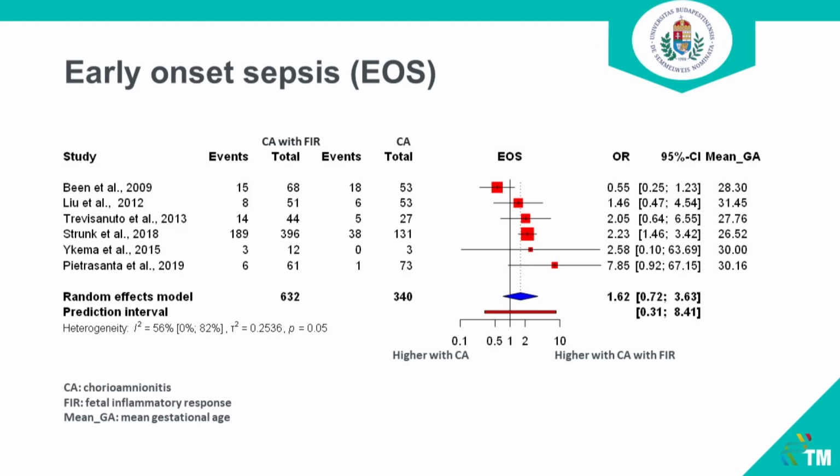Most of the studies define sepsis as clinical symptoms and elevated laboratory parameters, and there are a few, for example, here we can see the last one, that defined sepsis as positive blood culture.